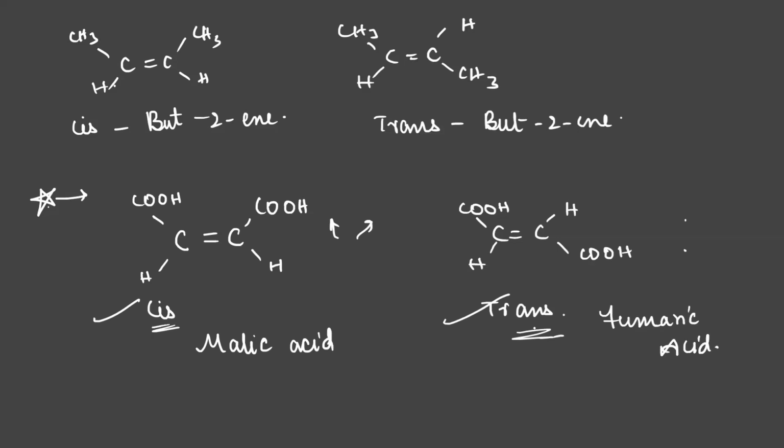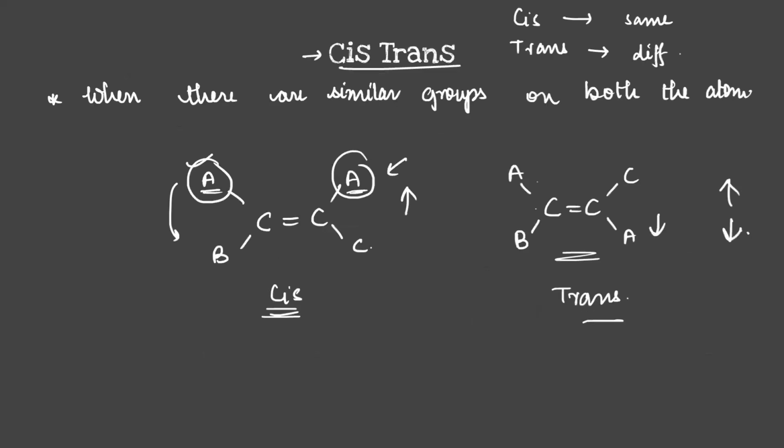Quite important names. So the trans compound of the dicarboxylic acid is called fumaric acid, and cis is called maleic acid. They both have different physical properties, so that's why these become a very important example in cis-trans nomenclature. So this is cis-trans. You have to check cis-trans whenever you have similar groups on both the atoms.